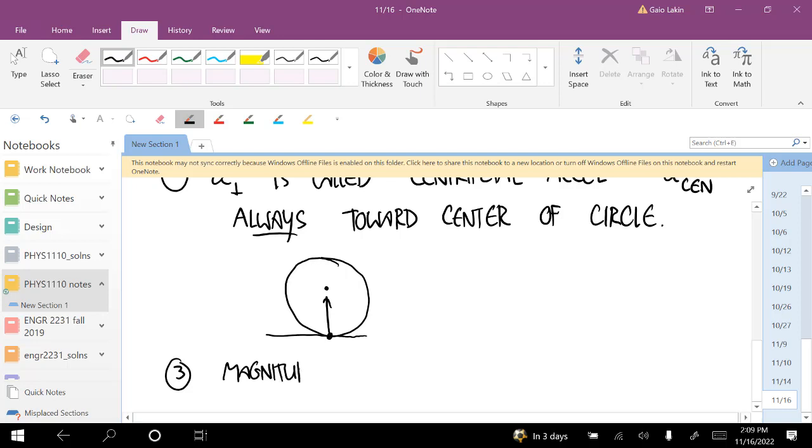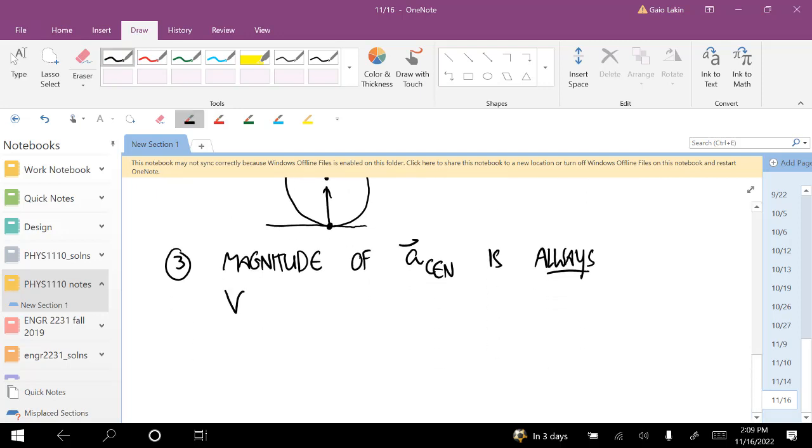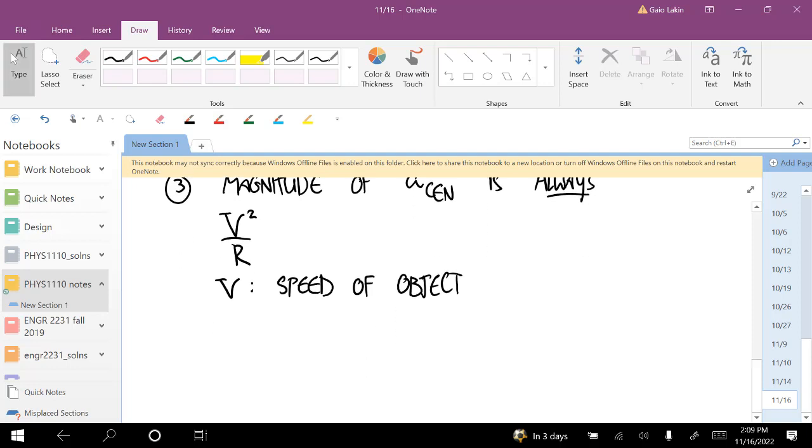So the magnitude of a centripetal is always v squared over r, where v is the speed of the object, and r is the radius of the circle.